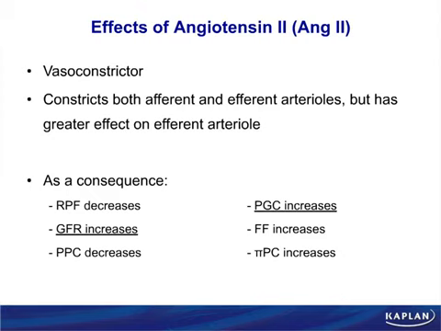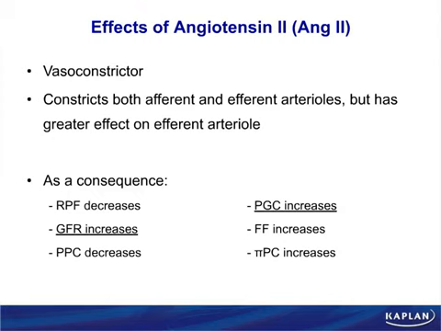Well, it does decrease renal plasma flow, but it increases GFR. Why does it increase GFR? Because its main effect is on the efferent arterioles. Therefore, it increases glomerular capillary hydrostatic pressure, and that increases GFR. It increases filtration fraction. That's important. And that leads to an increase in your oncotic pressures, and that leads to an increase in proximal tubule reabsorption.